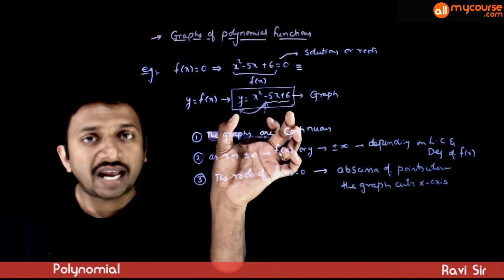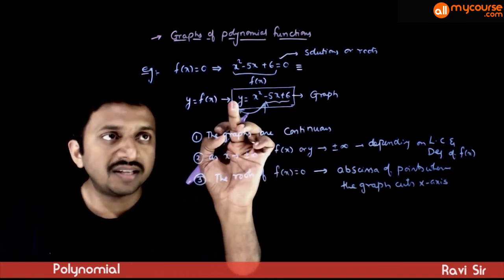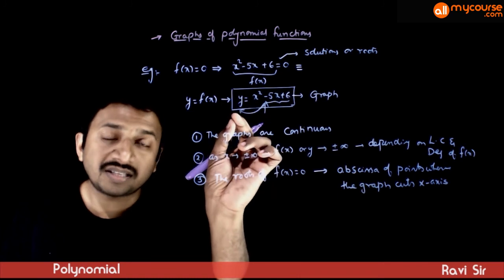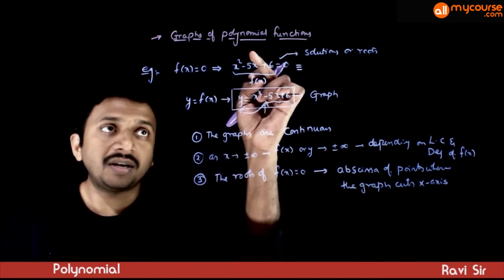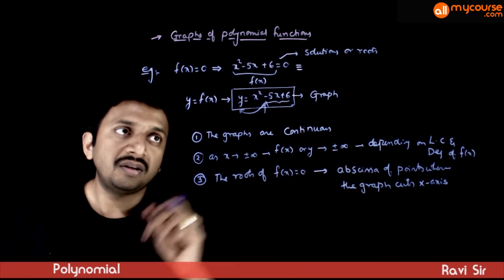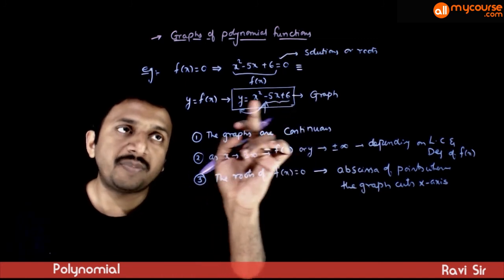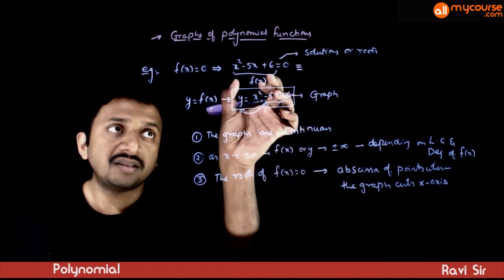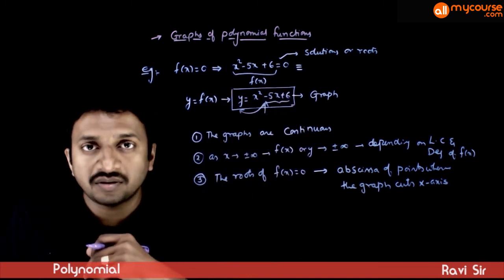Because if the graph cuts the x-axis, that means y is equal to 0, and the values of x where y is equal to 0 are nothing but the roots of this equation, x square minus 5x plus 6 is equal to 0. So wherever that happens is the solution of this equation.